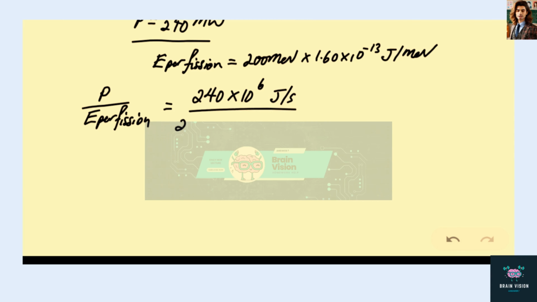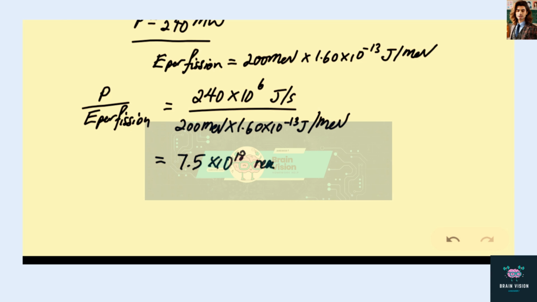Divide that by our previous expression on top. And we should get about 7.5 times 10 to the power 18 fissions or reactions per second.